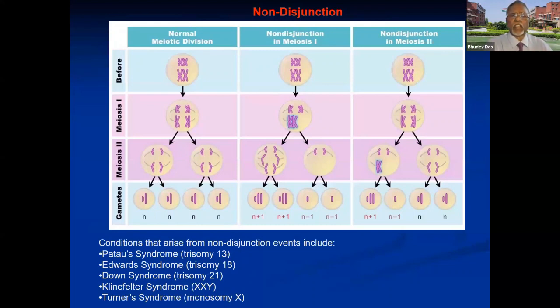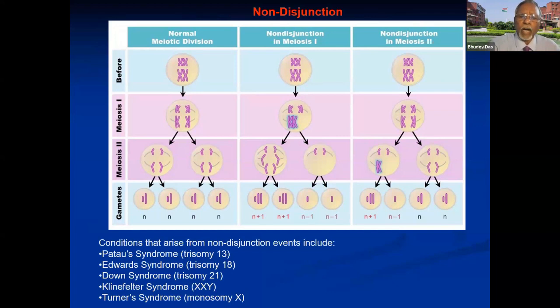Then non-disjunction is the most important thing to study. I will not go into the detail of the normal process. This is meiosis 1. You can have non-disjunctions in meiosis 1 or meiosis 2, at any stage, so that there is a delay in separation in anaphase because of many reasons, such as aging and many other factors.